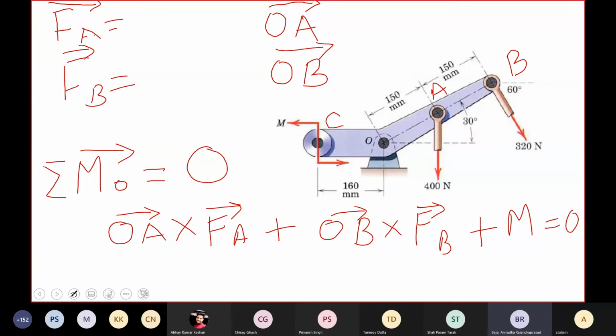So basically what we've done is the force FA is replaced by a force and couple passing through O. Force FB is replaced by a force and couple passing through O. And the summation of the 3 couples, that is couple due to force FA, couple due to force FB, and the couple that already is there, that should be equal to 0. Okay, sir, got it.